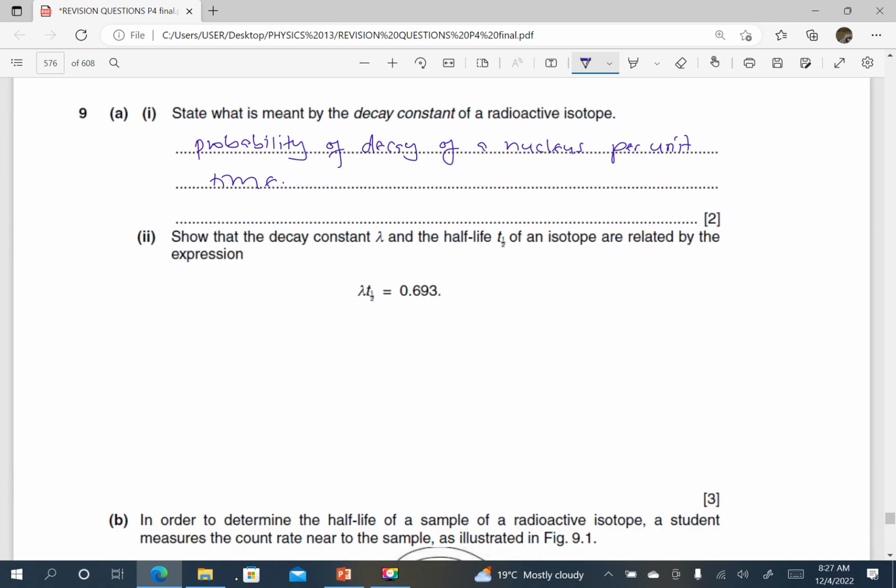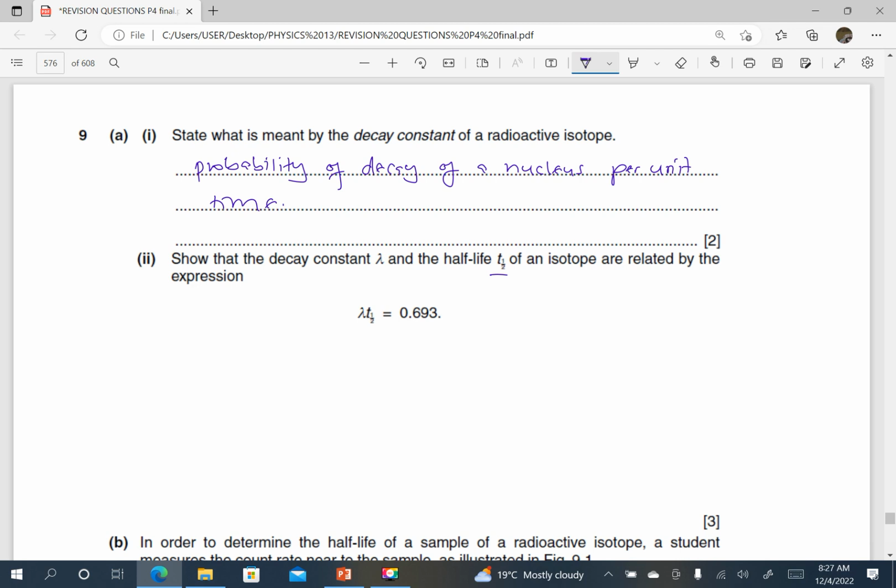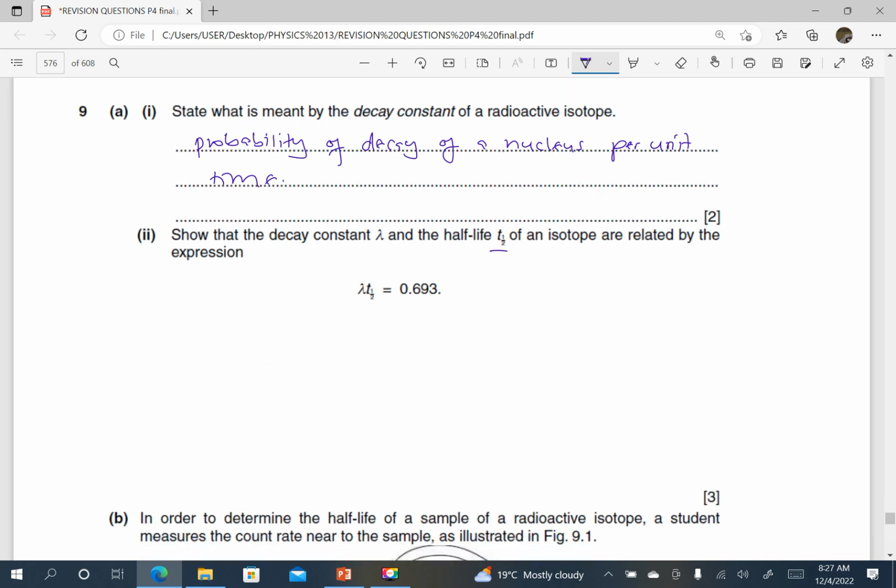Show that the decay constant lambda and the half-life T1/2 of an isotope are related by that expression. So that is very easy. At half-life, when t equals T1/2, we know that the number of nuclei present reduces to half of the original. So this will be N0 over 2.